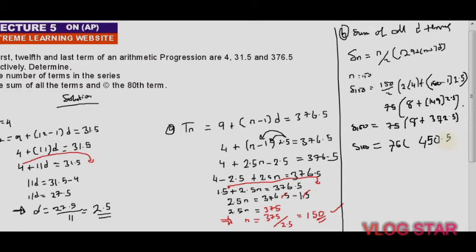So 8 plus 372.5 should give us a total of 380.5. Okay, this is 380, not 390. So we have this to be 380.5, not 390. Sorry for that. So now this 380.5 multiplied by 75.